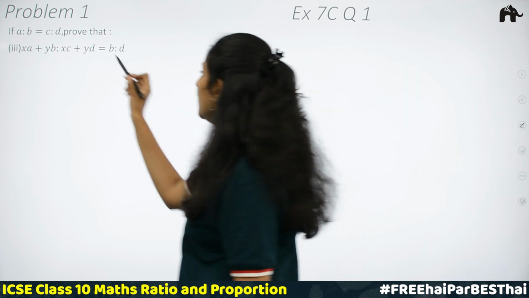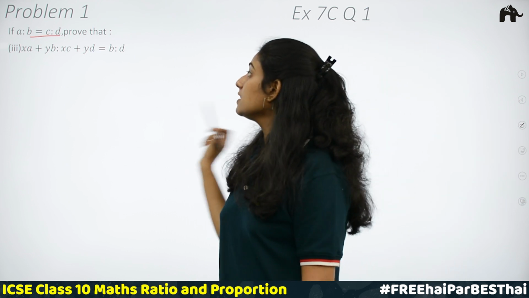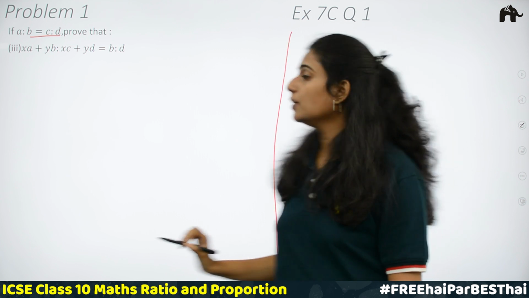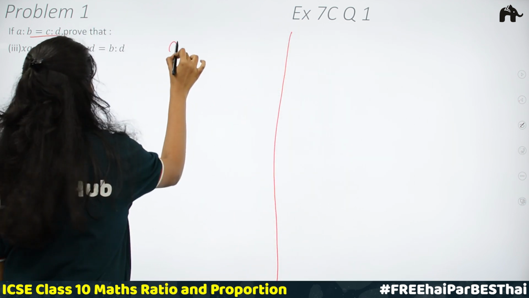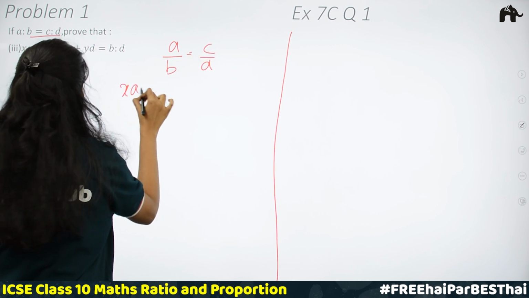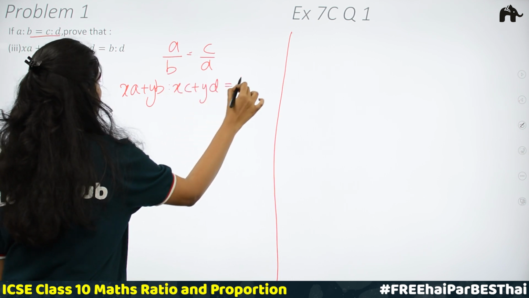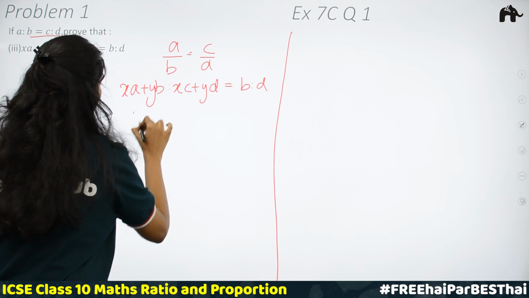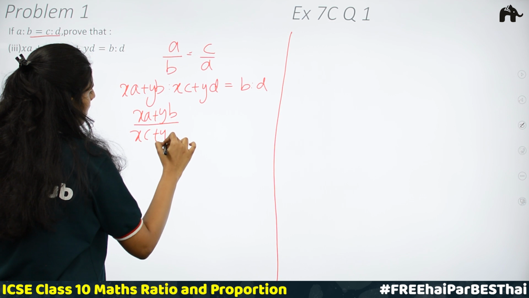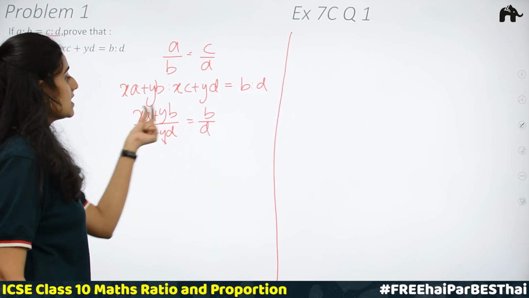Third part of problem 1. If a is to b is equal to c is to d, prove that xa plus yb is to xc plus yd is equal to b is to d. Okay, we have a by b is equal to c by d. To get xa plus yb divided by xc plus yd is equal to b by d, we need x and y.